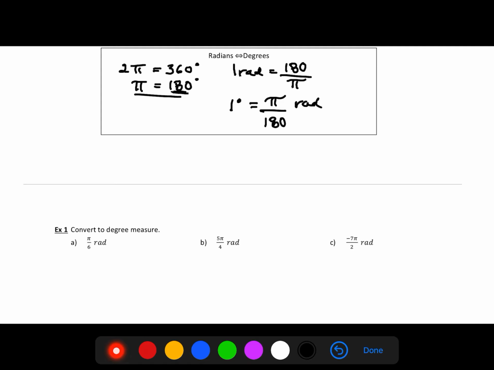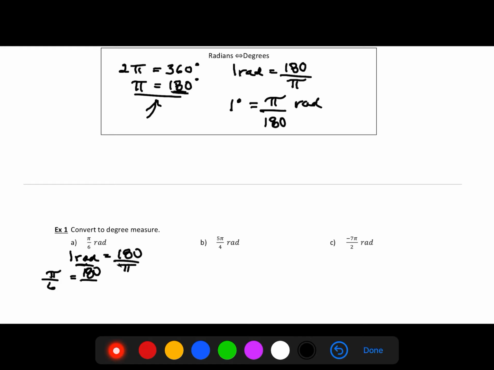So example number 1, converting to degree measure. Well, again, 1 radian is equal to 180 degrees divided by pi. If we want to take a look at how to calculate pi over 6, we're going to multiply both sides of this by pi over 6. 1 radian is 180 over pi from what we talked about over here.